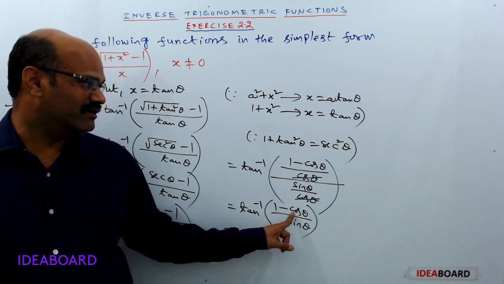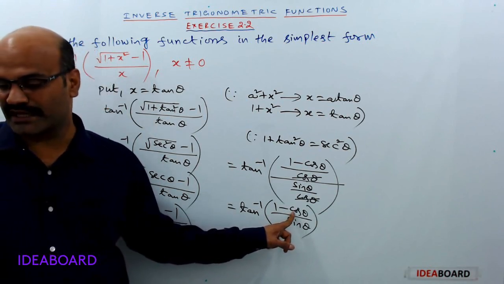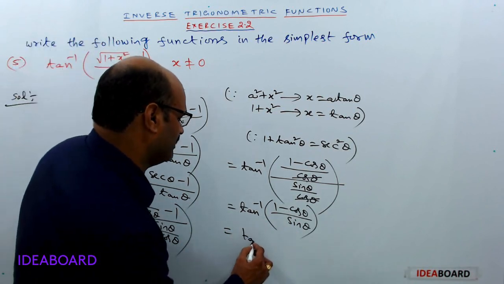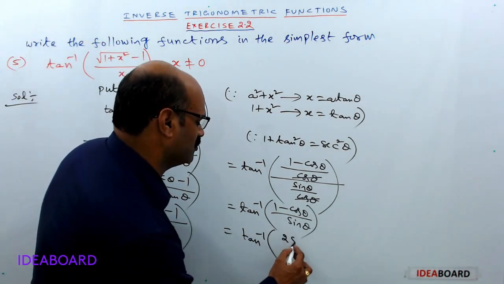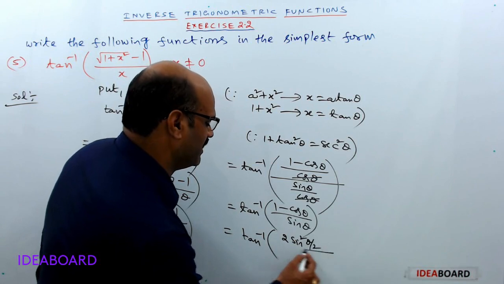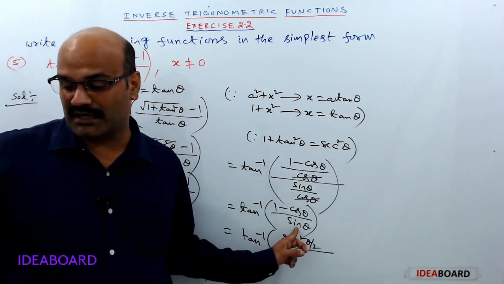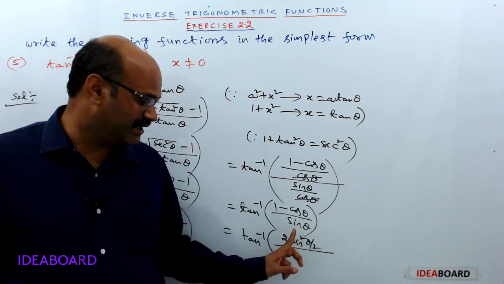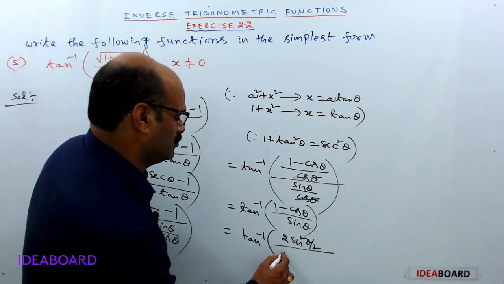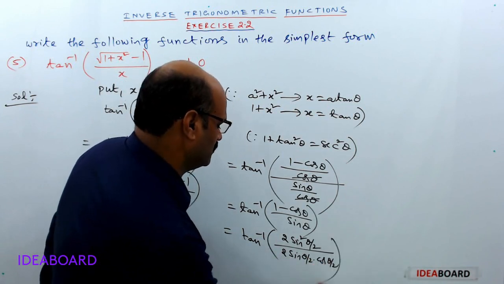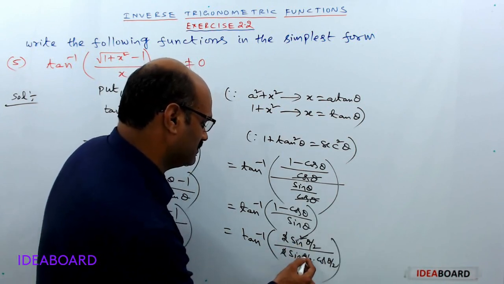1 minus cos alpha equal to 2 sin square alpha by 2. So here 1 minus cos theta equals 2 sin square theta by 2, and sin theta formula is 2 sin theta by 2 into cos theta by 2. 2 cancel.